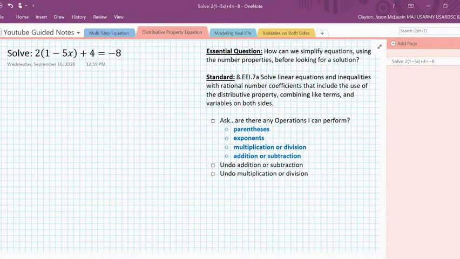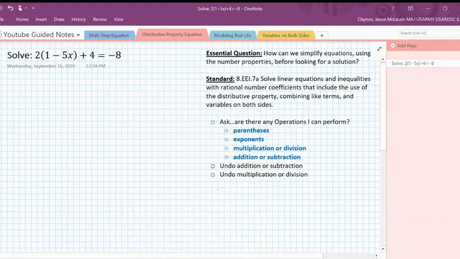So again, we're looking at solving an equation. In this equation, we're looking at applying the distributive property. So again, I go through my steps. Are there operations I can perform? We have to also remember that some operations are masked behind other names.